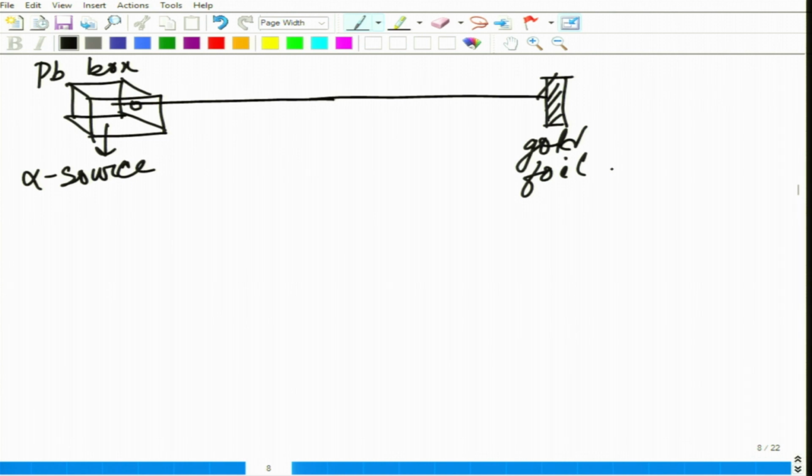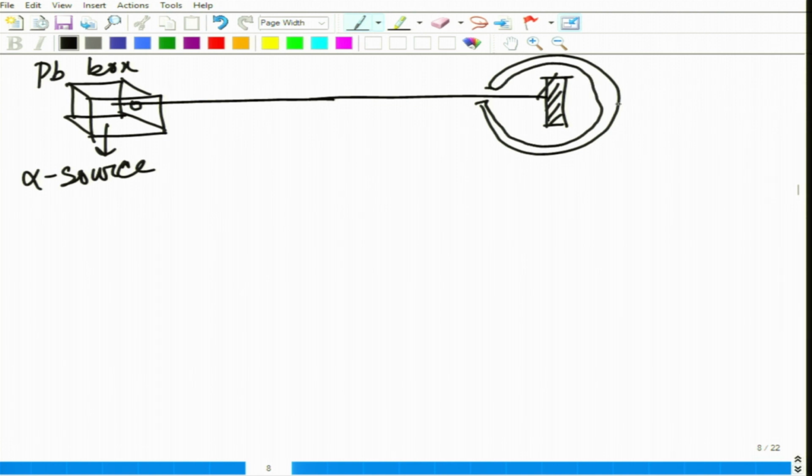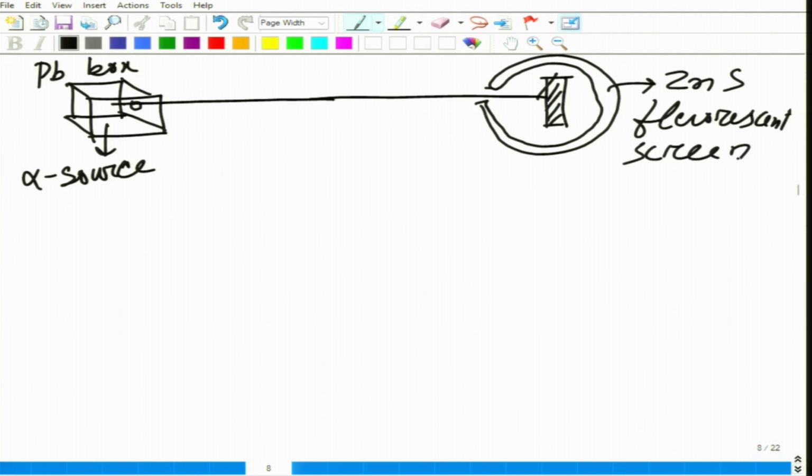And it was circled with a zinc sulfide screen. In between this there was one lead plate with a small slit in it. Why was it kept? I will explain.